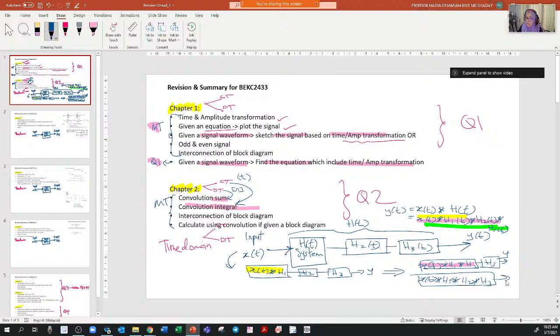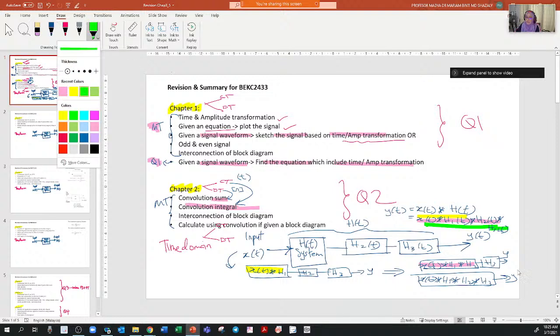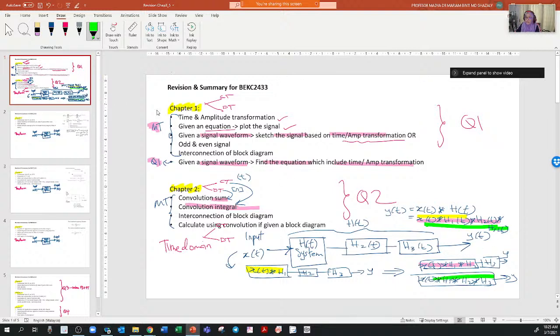So it becomes like this. You will get y in terms of this whole thing, and that one will be color coded as this signal, the whole thing.